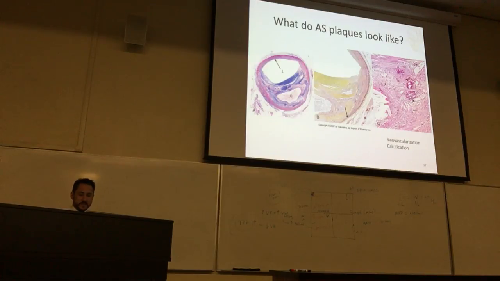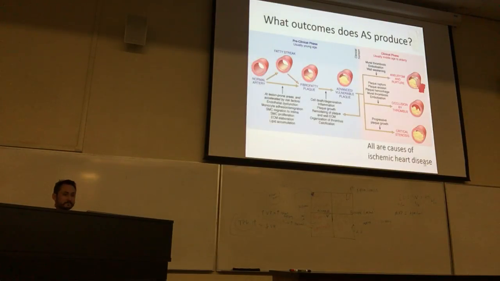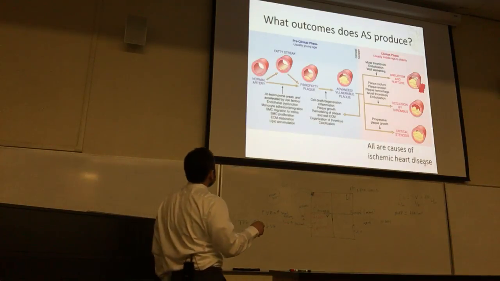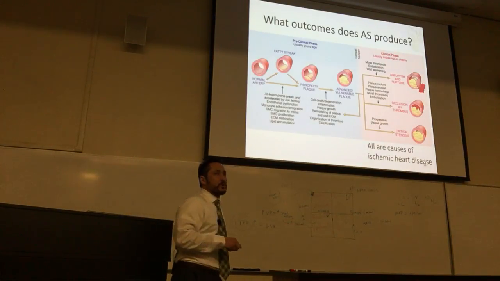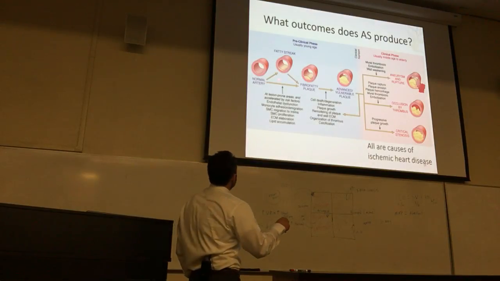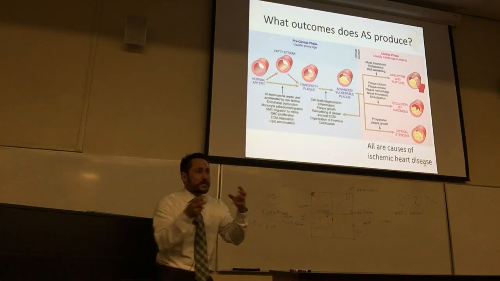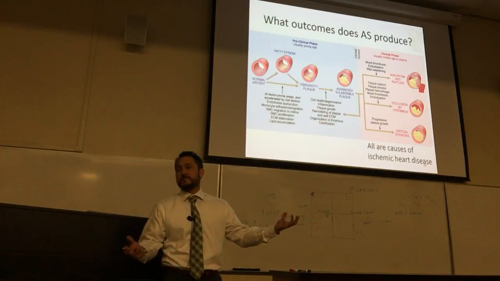Now, if we look at the different types of outcomes, what could happen? Well, we've got a preclinical stage. So I'm going to scare you a little bit. I'm not trying to frighten you. But this is over a lifetime. Young age, you get into what we call the preclinical phase. And in the preclinical phase, we have the development from a normal artery into some fatty streaks, or some regions that become diseased.